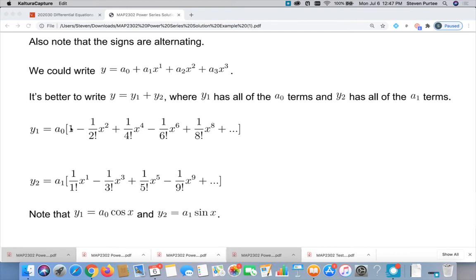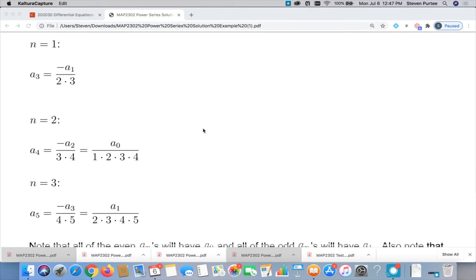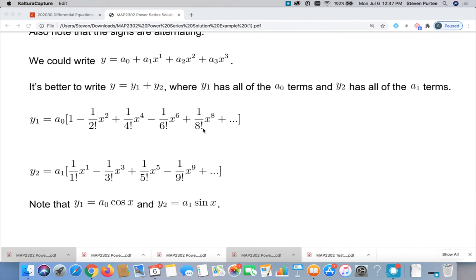Remember, you're always going to have an a0 in every one of these. That's our first term. And then all the even powers. Notice they're alternating signs. These are what I got up here, and I just noticed a pattern. The y2 is this stuff here in the brackets. That was all the odd powers, and we were alternating signs. You can look these up.